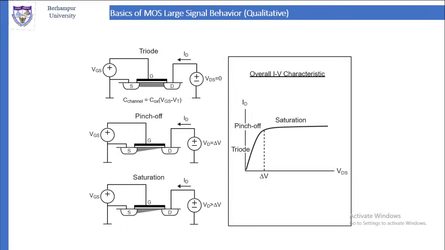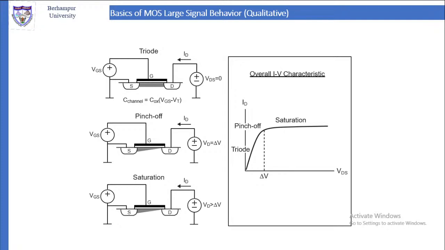In the figure, the x-axis is VDS and the y-axis is ID. VDS means voltage between drain and source. ID is the current at the drain. So the current at the drain increases gradually. The portion in which the drain current is increasing is the amplifying portion. Below that is the pinch-off region, and above that is the saturation region.